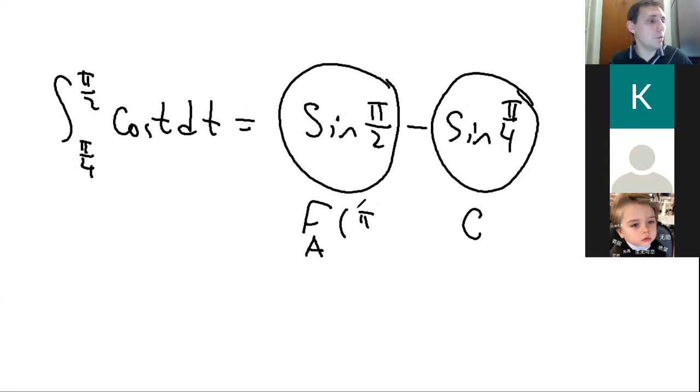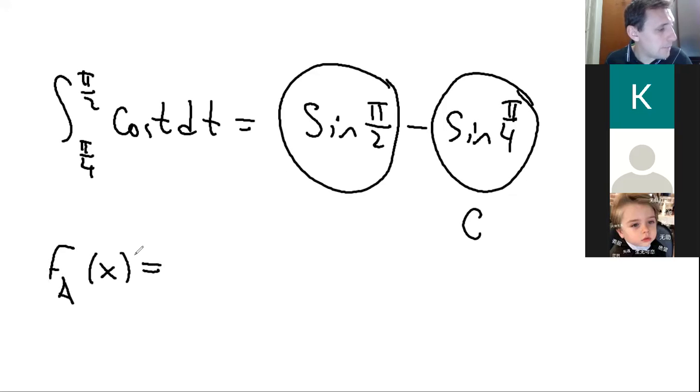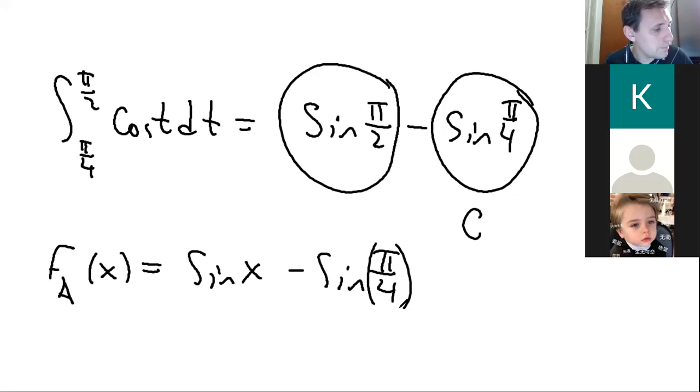So basically, let me write it better this way: because my integral function, my capital F_a of x, happens to be sine of x minus sine of pi over 4.